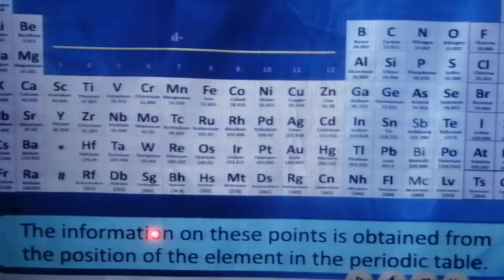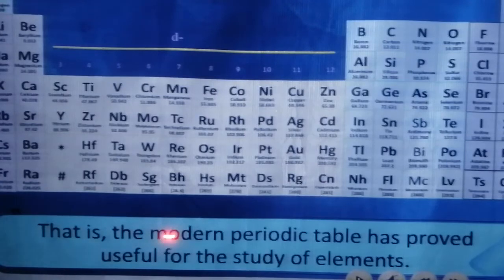The information on these points is obtained from the position of the element in the periodic table. Then decide what the position of the element in the periodic table is. The modern periodic table has proved useful for the study of elements.